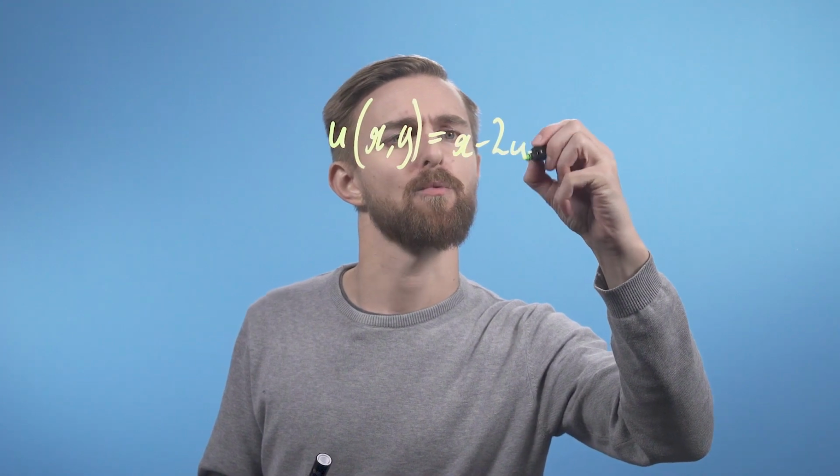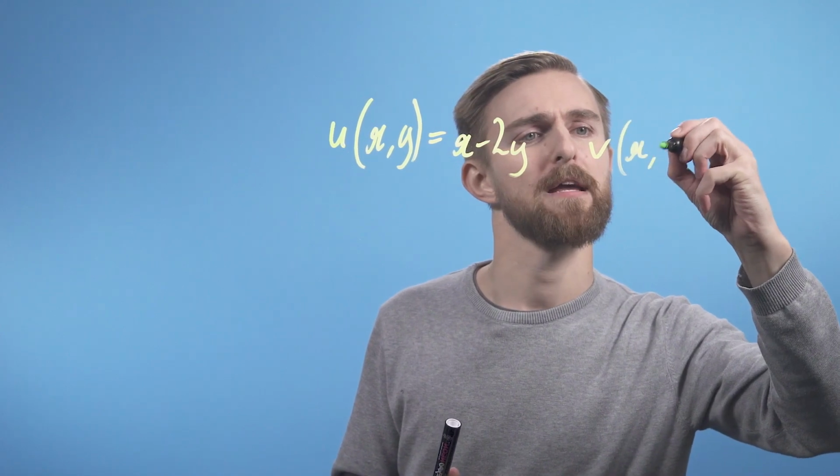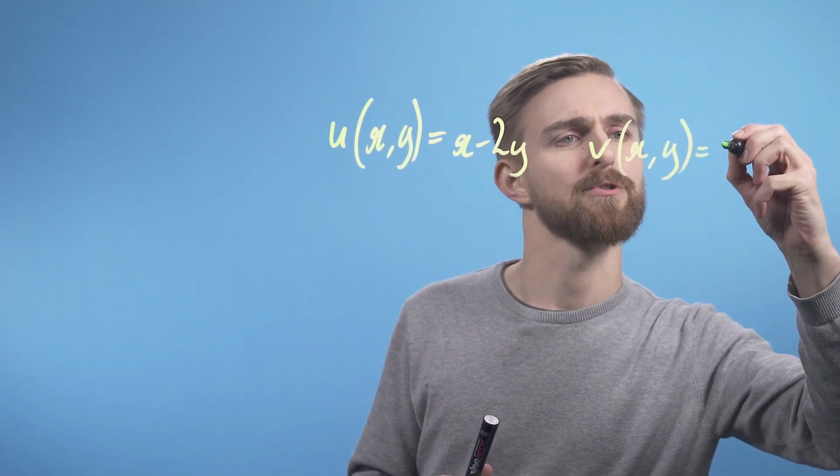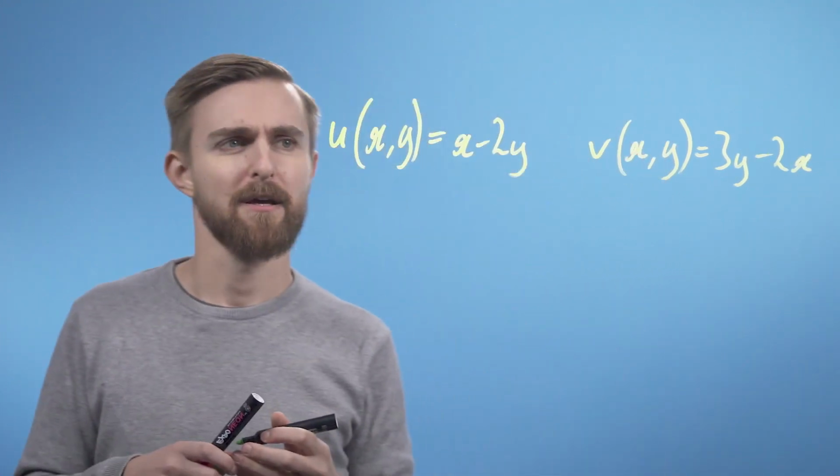So, now that we have the structure and motivation for building a Jacobian matrix for vector-valued functions, let's apply this to our example functions and see what we get. So we have u of x, y equals x plus 2y, and we've also got v of x, y equals 3y minus 2x.